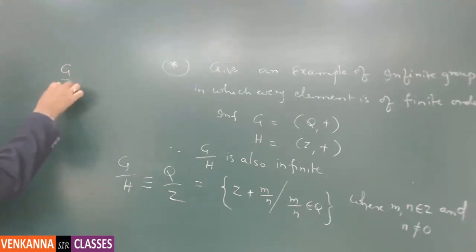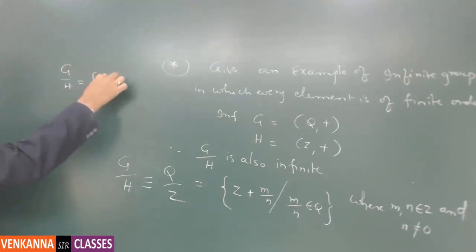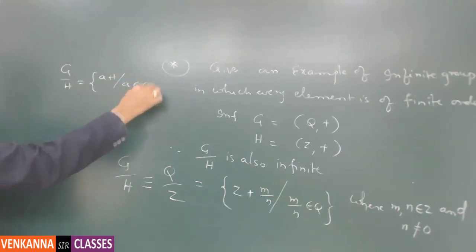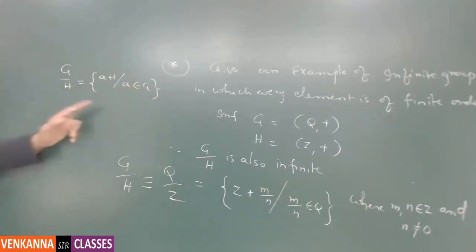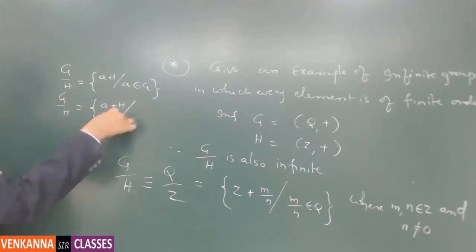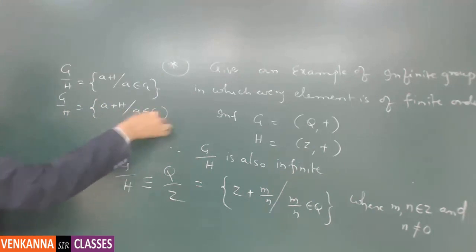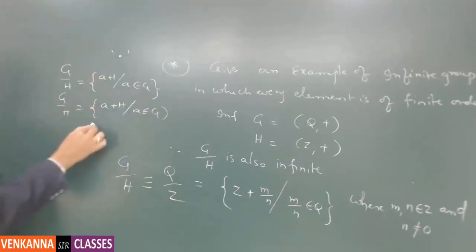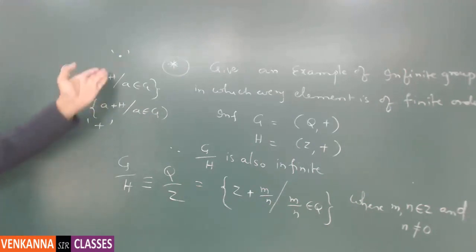G by H is generally the set of all aH such that a belongs to G. If you take the operation plus, G by H is the set of all a plus H such that a belongs to G. This is the operation dot, this is the operation plus. You can take left coset or right coset, whatever the case may be.